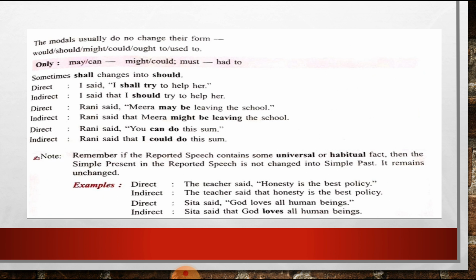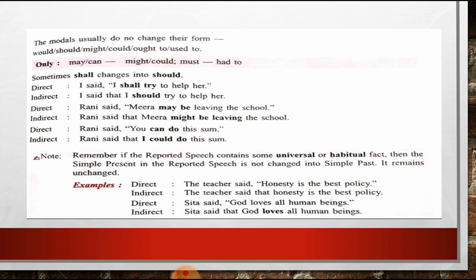In the direct sentence, I said, "I shall try to help her." In the indirect sentence, I said that I should try to help her. Here shall is changed into should. The second sentence: Rani said, "Meera may be leaving the school." Rani said that Meera might be leaving the school.